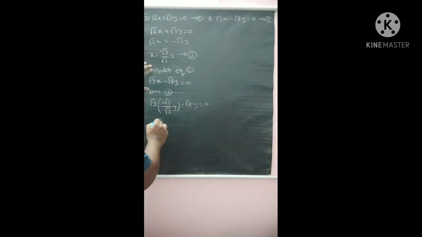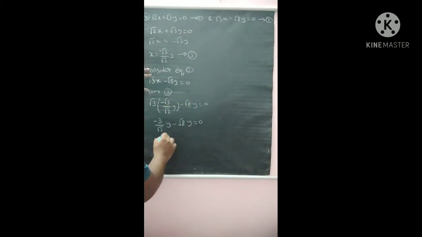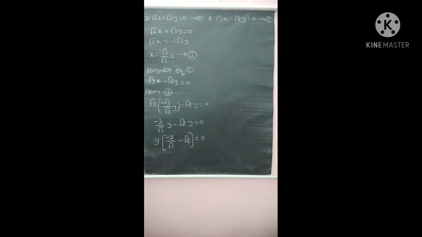So minus 3 by root 2 y minus root 8 y equals 0. Here we can take y common, it's a simple way I am telling. So y into (minus 3 by root 2 minus root 8) equals 0.